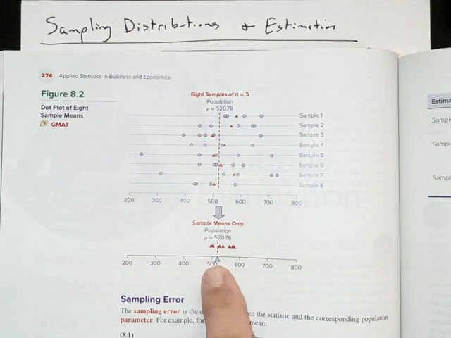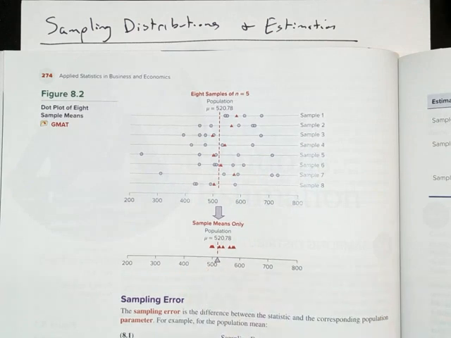And they cluster around the overall true average for the population. My sample averages, when treated as a group, are a random variable in and of themselves.